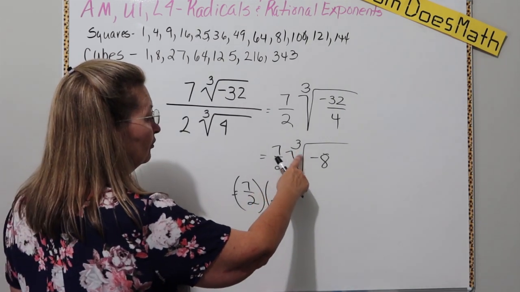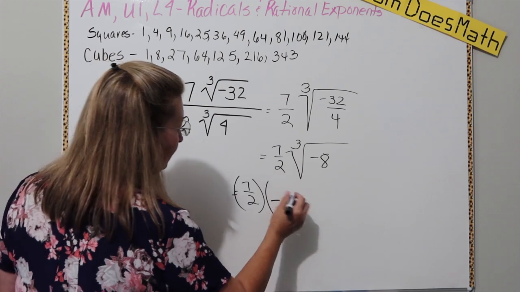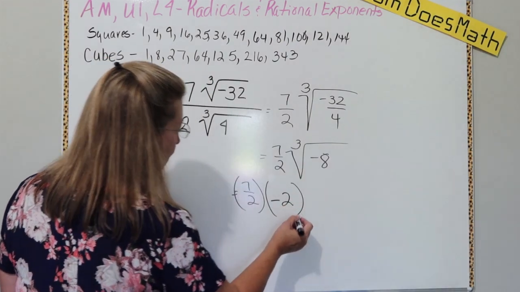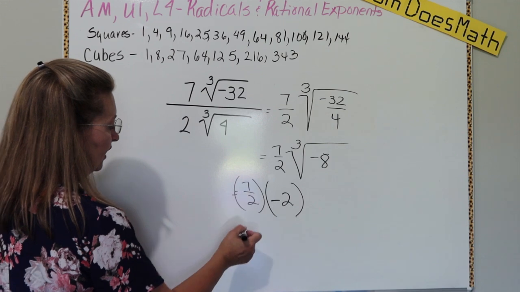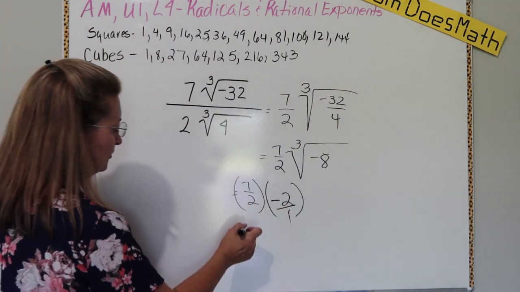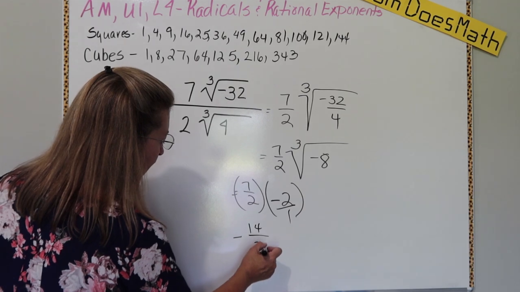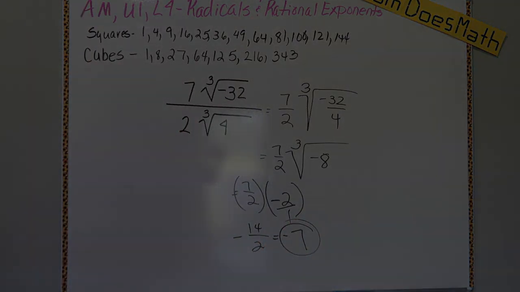So the cube root of a negative number is negative. Now, what is the cube root of 8? 2. So how do you multiply these two together? Well, negative times positive is going to be negative. This is like 2 over 1. 2 times 7 is 14 over 2. So, final answer is negative 7.